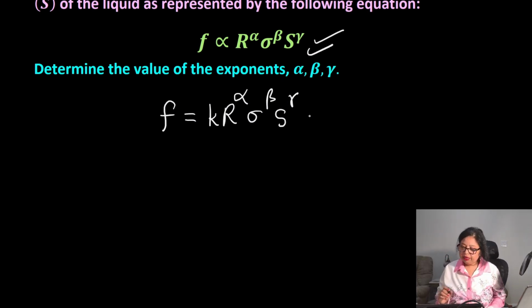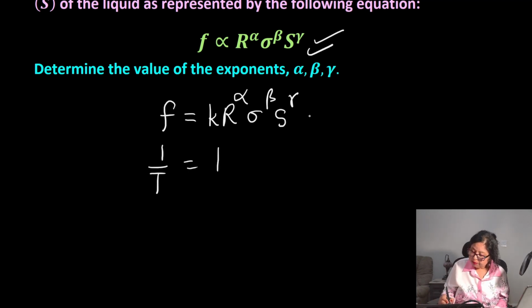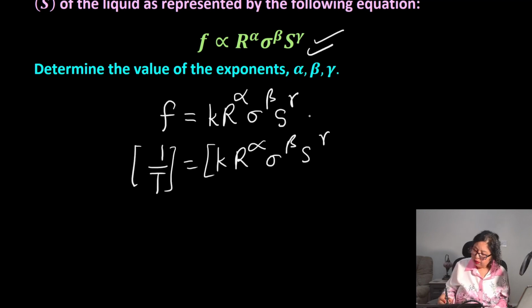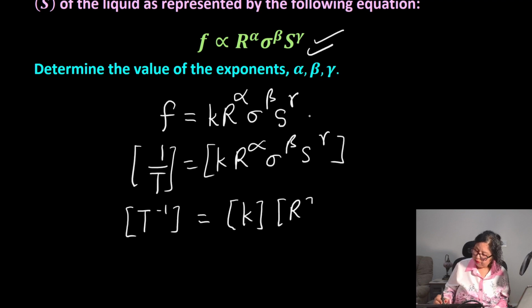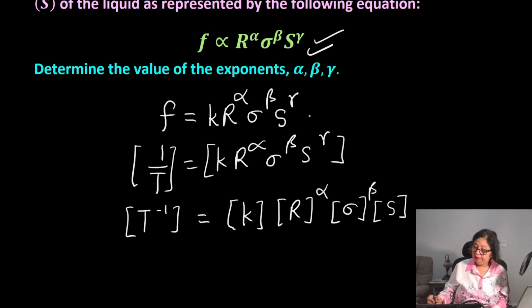On the left hand side, I have frequency. Now frequency is 1 over time period. Rewriting the equation, on the left hand side, if I write down the dimensional formula, I would get t to the power minus 1 here equals k, dimensional formula for r to the power alpha, times dimensional formula of sigma, the density to the power beta, times S, which is the surface tension to the power gamma.